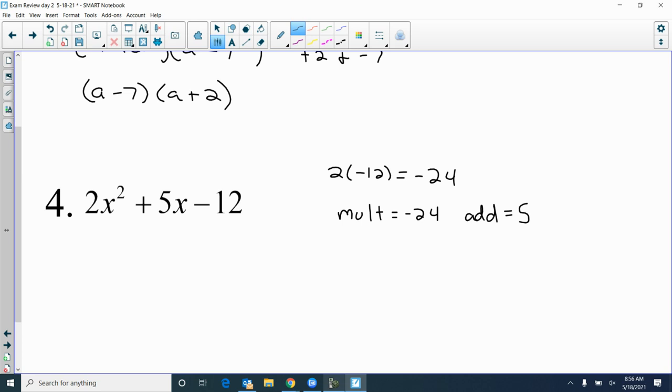Everybody take a second. See if you can figure out those two numbers. If you got them, just hold on. I have a question. Yeah. What if we do a guess and check? How would we do that? Your first term has to be a 2x, and then the next one has to be an x. Okay.